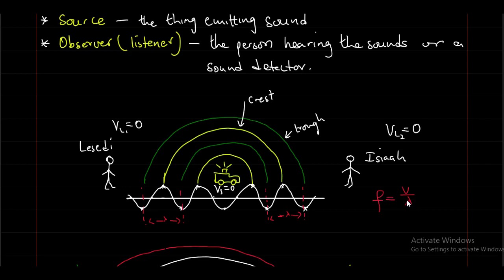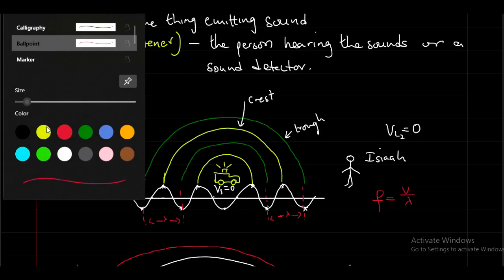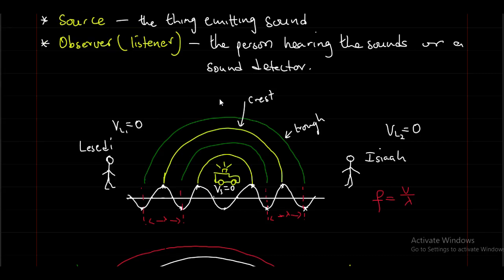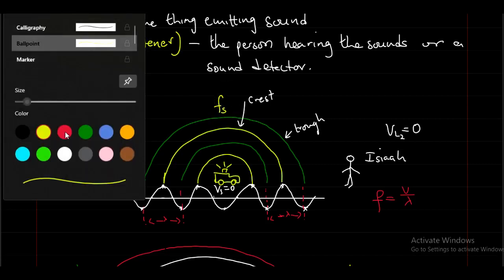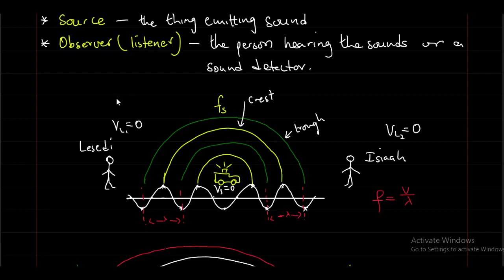Because both Isaiah and Lesedi are observing the same wavelength, it means that they are observing the same frequency. So if this sound source emits the sound waves with frequency, let me put it as yellow, with frequency fs, then Lesedi is observing the same frequency.